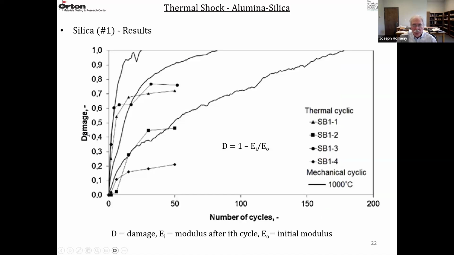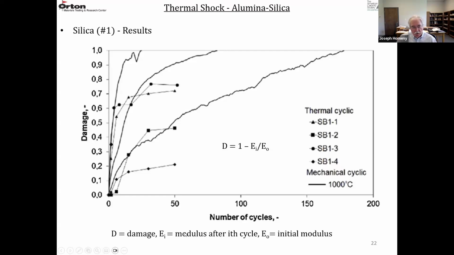So the last few slides here on this silica material. This is damage versus number of cycles. The way they calculate damage, D, is D equals 1 minus E_i over E_0. E_i is the modulus measurement after the ith thermal cycle, and E_0 is the initial modulus.